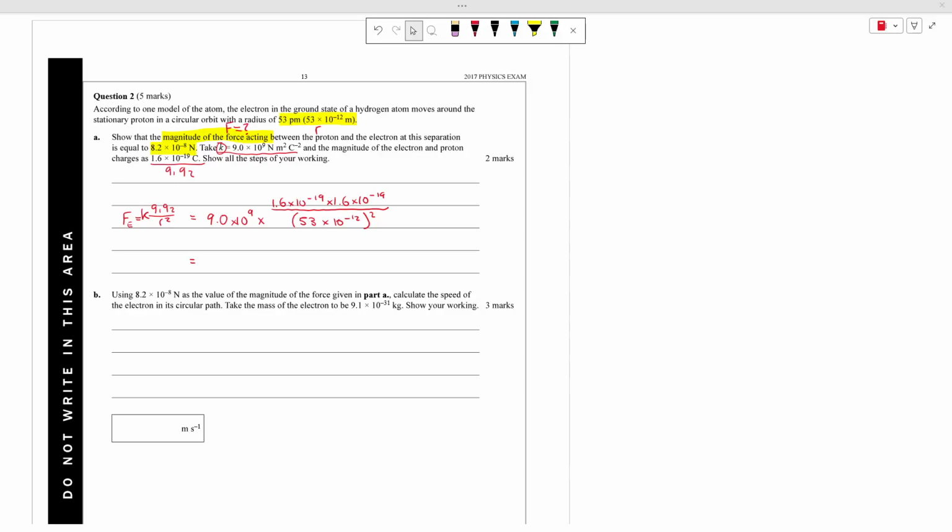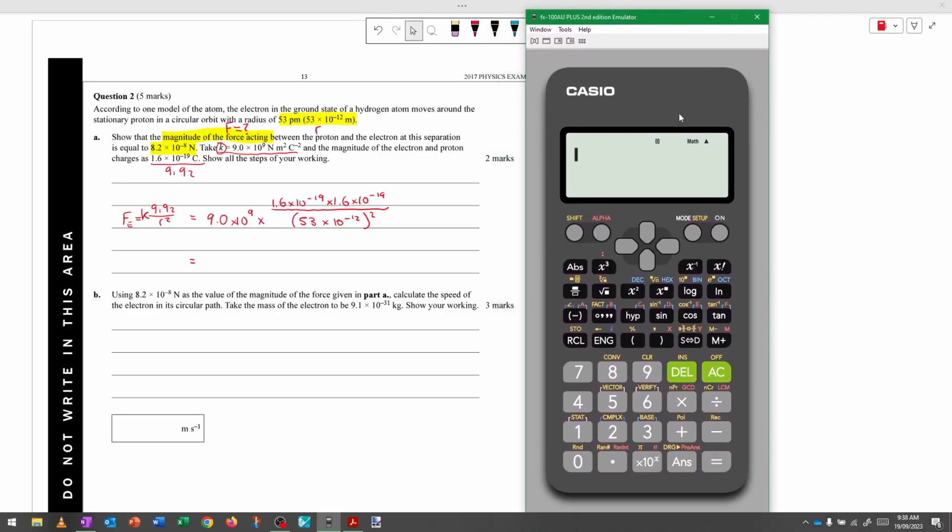Calculator: 9 times 10 to the 9 times fraction 1.6 times 10 to the negative 19 times 1.6 times 10 to the negative 19 over 53 times 10 to the negative 12 squared. I'm putting brackets there. Even though I pressed that button, I'm still putting brackets there because I don't trust my calculator. Okay, I want it to do exactly what I want it to do.